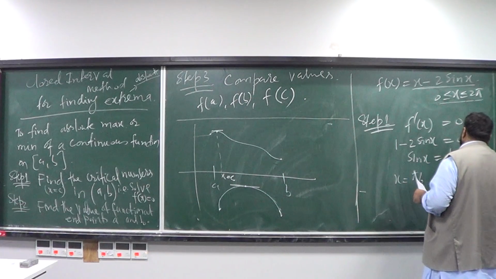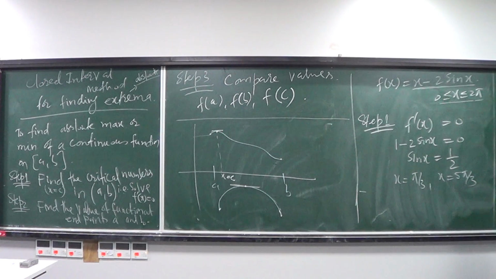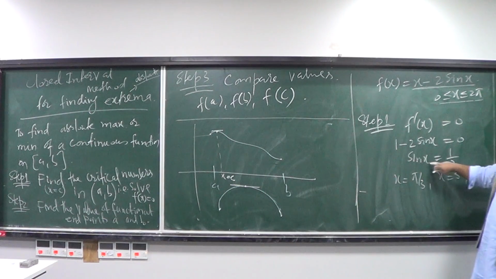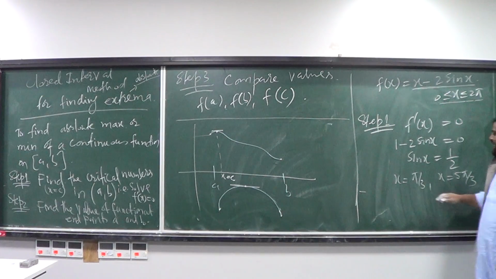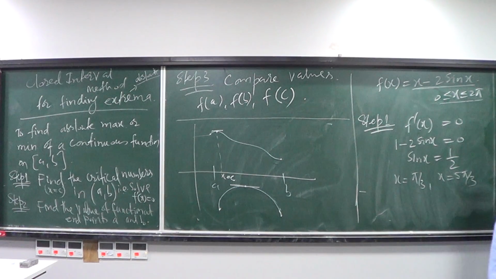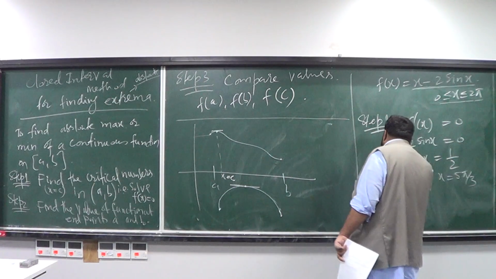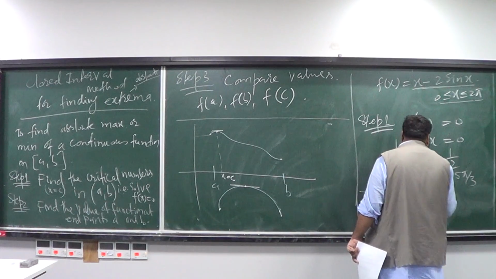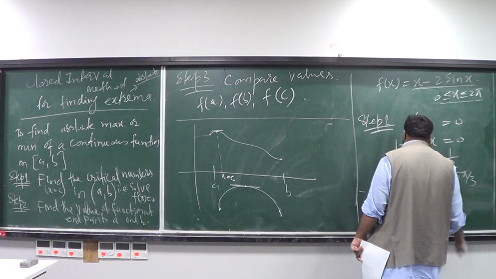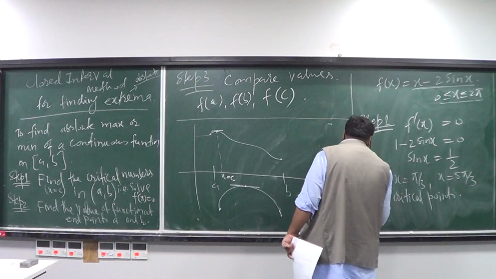I hope that you know how to find it, you can do the inverse trigonometric function. So x is sine inverse 1 upon 2. Either you can look into the trigonometric table, and you can see that at x equal to pi by 3, sine x is 1/2, and at x equal to 5 pi by 3, sine x is 1/2. So these are the 2 points that are the critical points. Okay.